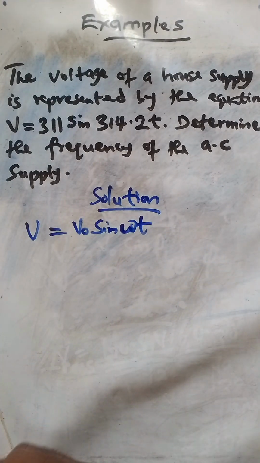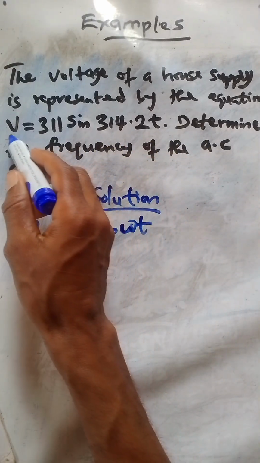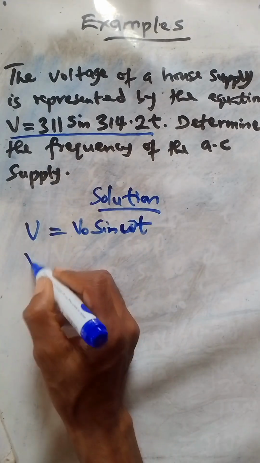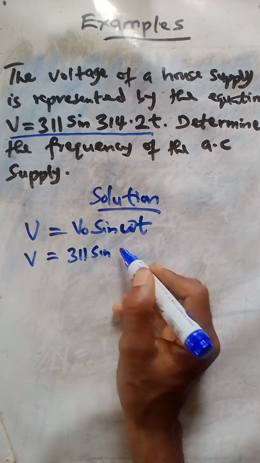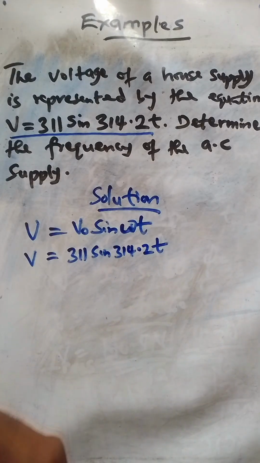So we're now going to do some comparison. We're going to compare this equation with the equation given to us. Let's bring down that equation. We have V is equal to 311 sine 314.2t.